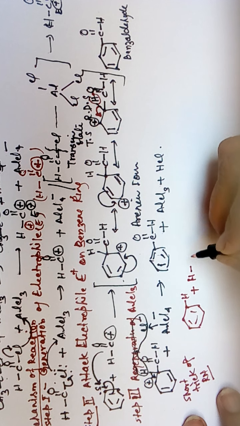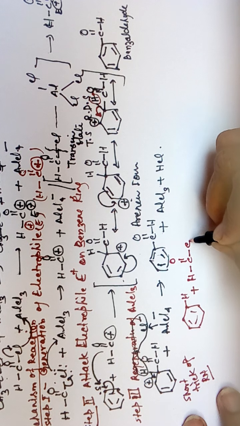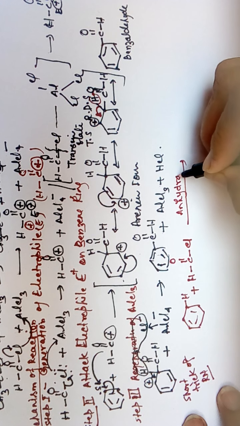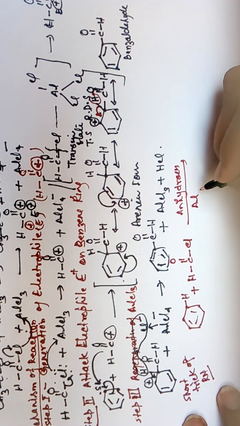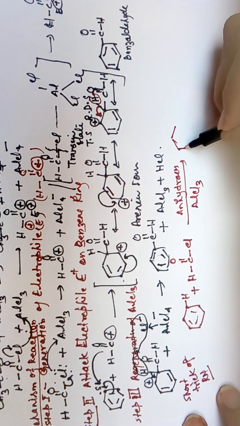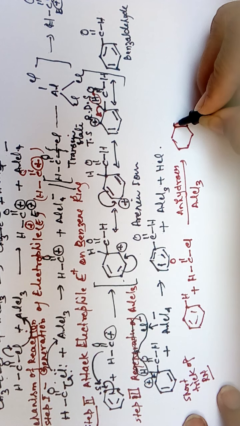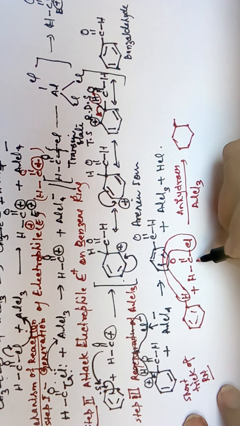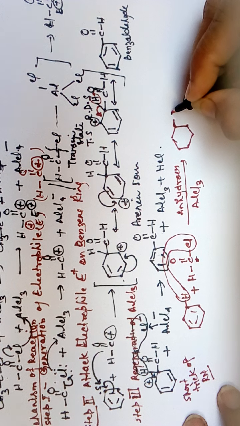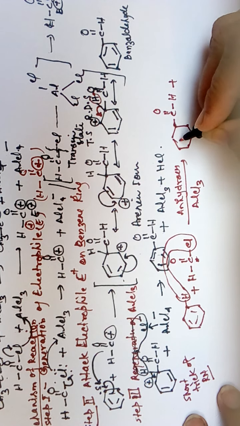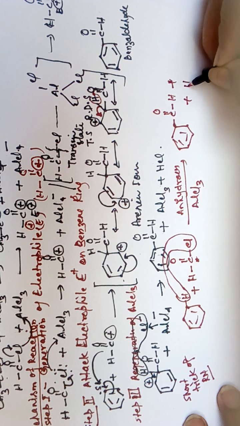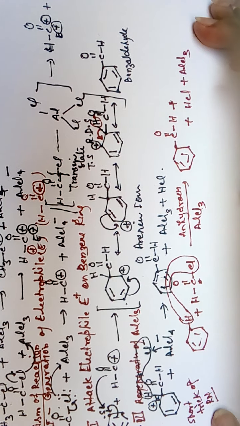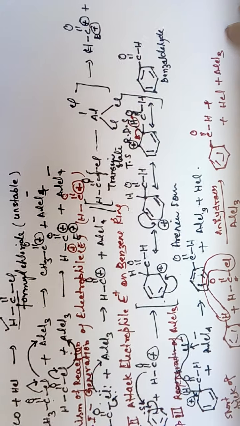When it comes in contact with this, in presence of anhydrous AlCl3, it forms this: the hydrogen is released from here with Cl, and this is attached to this carbon, C double bond O H, and HCl is released out, and AlCl3 is regenerated as a catalyst.